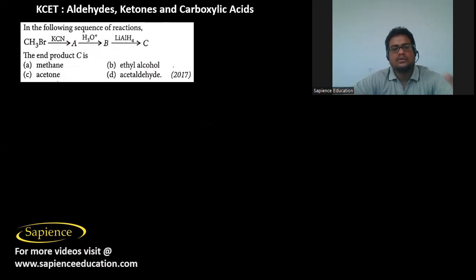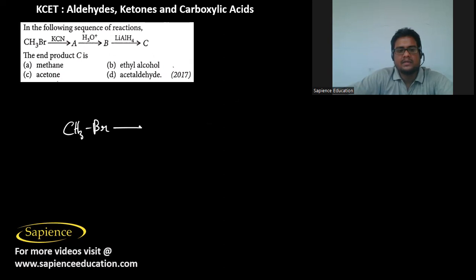Then here it is told in the following sequence of reactions, the end product C is. So here CH3Br will react with KCN. So KCN is the reagent which will give cyanide as the nucleophile, and this nucleophile will attack here and then it will form CH3CN and KBr.